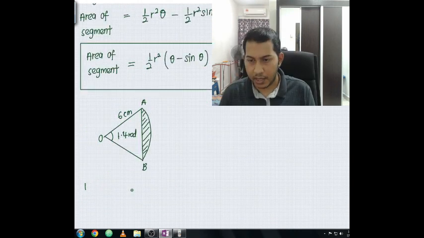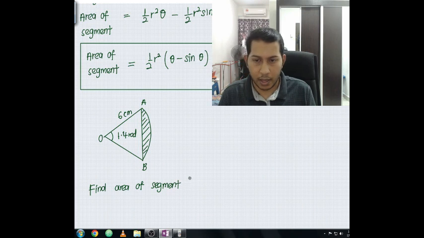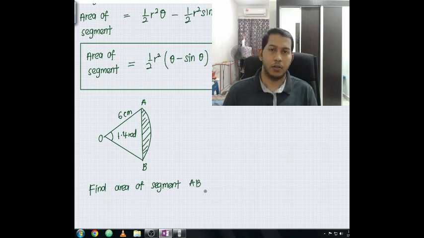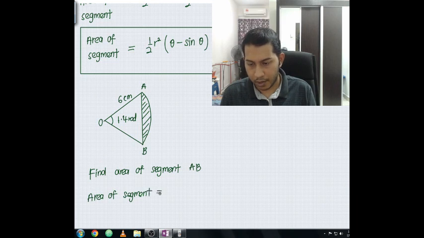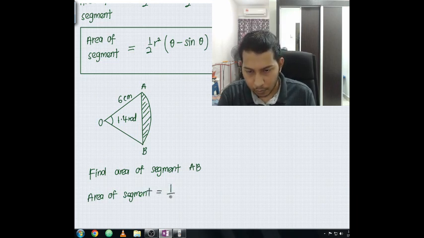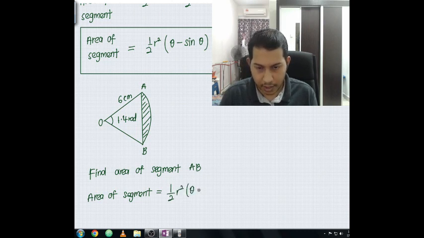Okay, in this question, we're going to find the area of segment AB. So how are we going to find? We're going to apply the area of segment. So from here, area of segment is equals to half r square, in a bracket theta minus sine theta.